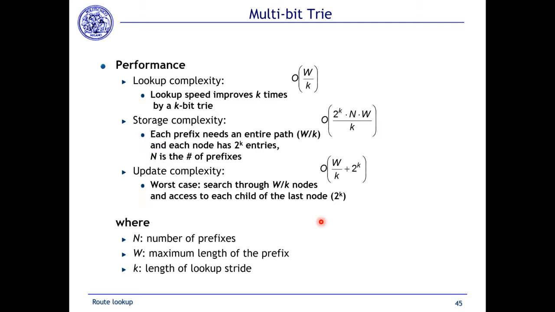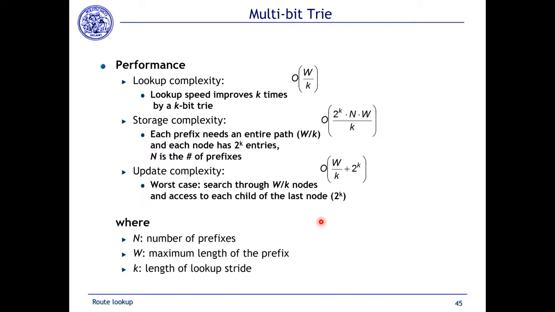And the number of nodes is W divided by k. The storage complexity is the number of nodes, in the worst case W divided by k, multiplied by N, which is basically the same complexity as the complete trie, but with fewer levels.